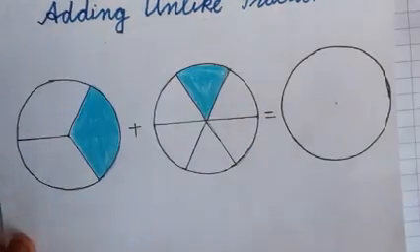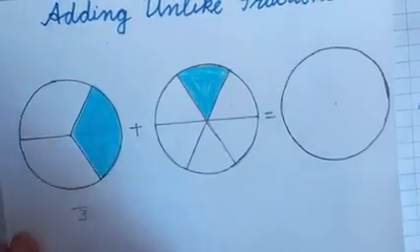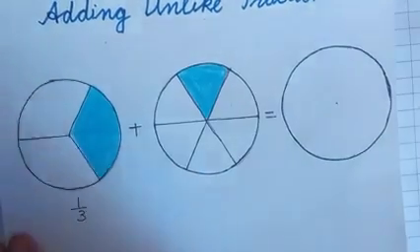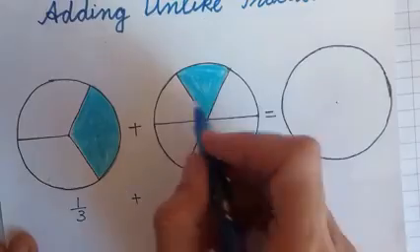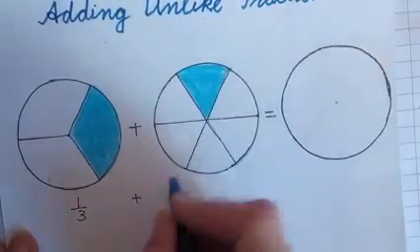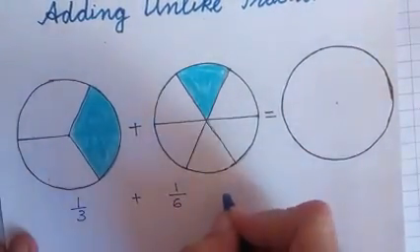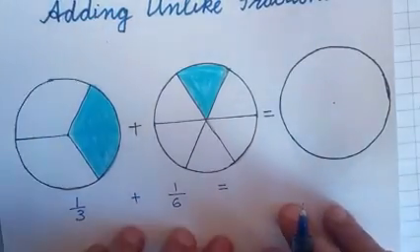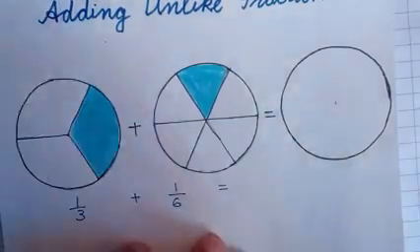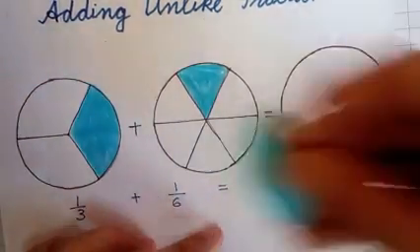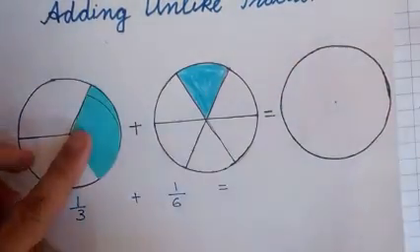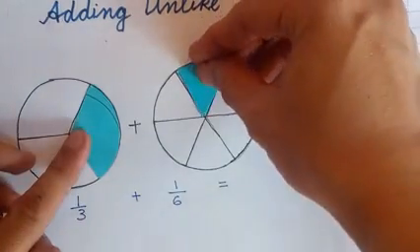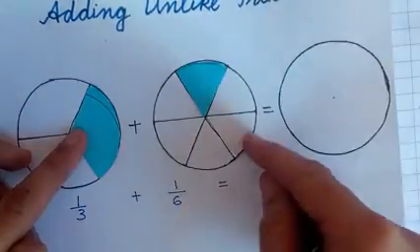Total parts are 3 and we are taking one part, and we are adding it with, here total parts 1, 2, 3, 4, 5, 6. Total parts are 6 and we are taking one part out of 6 parts. So this is our one part out of this circle.